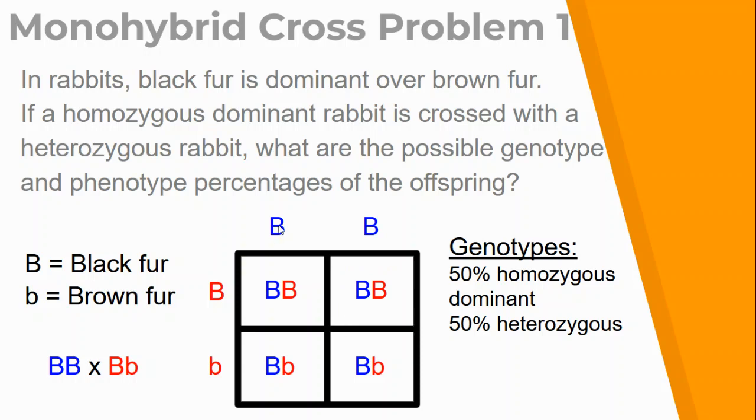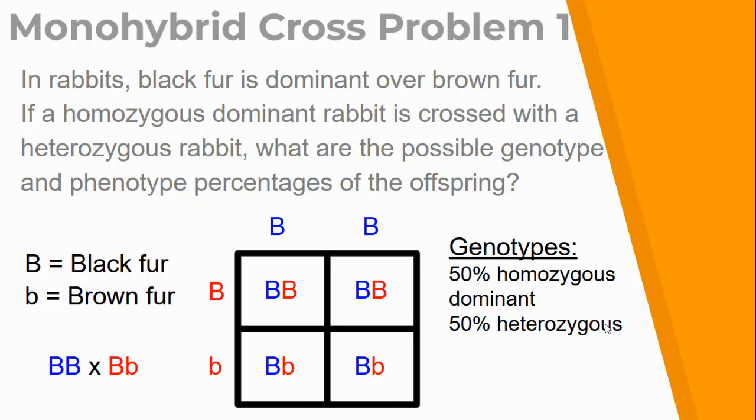So they could inherit this big B and this big B, or they could inherit this big B and this big B. The other 50% is coming from these two boxes down here that are heterozygous. So there's a 50% chance that the offspring could also fall into one of these boxes and be heterozygous.